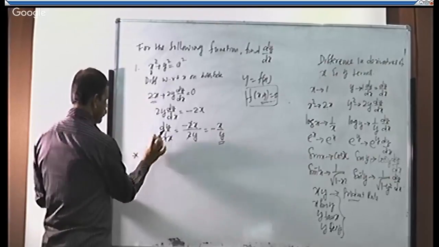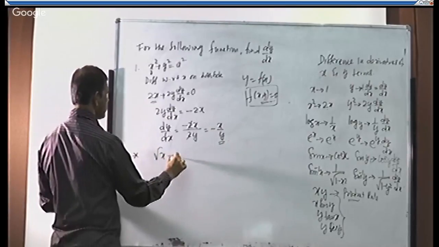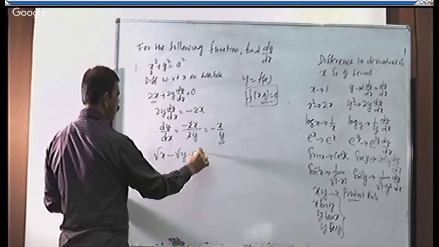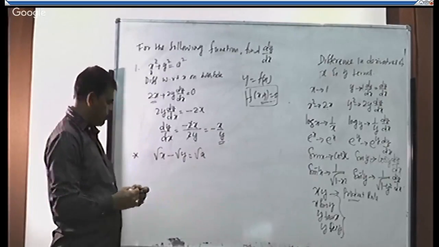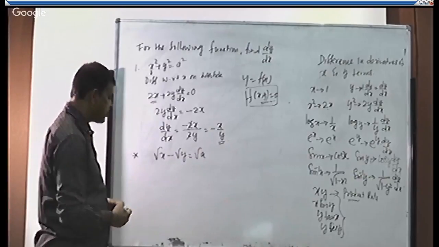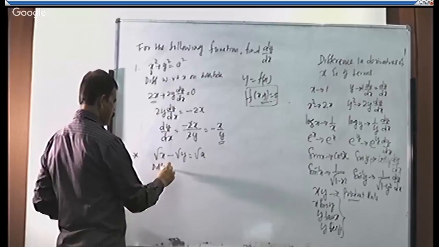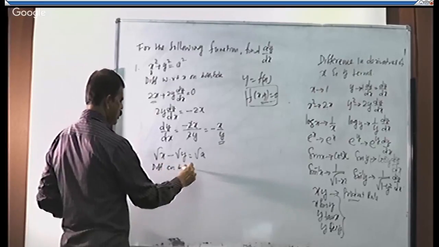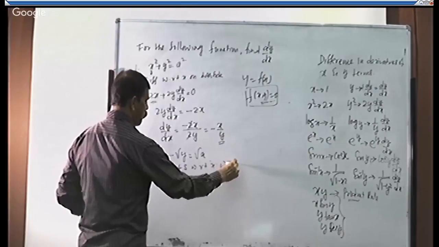Next problem. Root x minus root y is equal to root a. The problem is of what form? It is the f of x comma y is equal to 0 form, right? Differentiate on both sides with respect to x. What do we get?